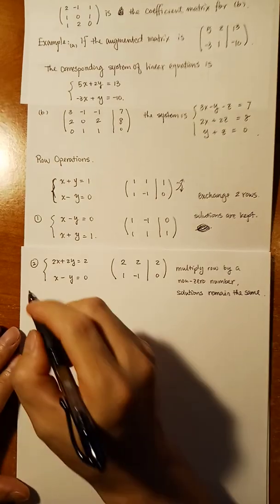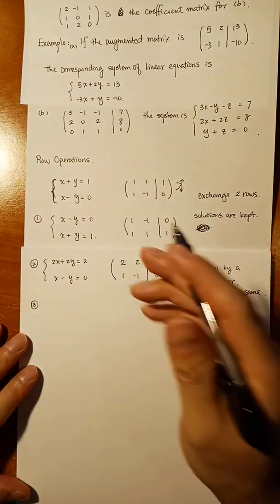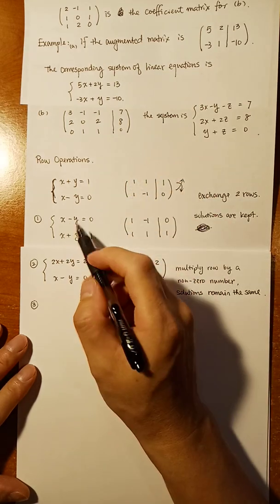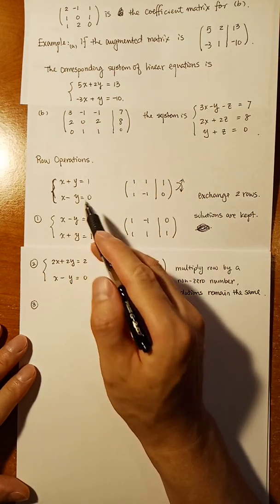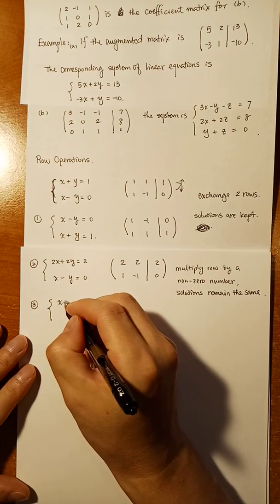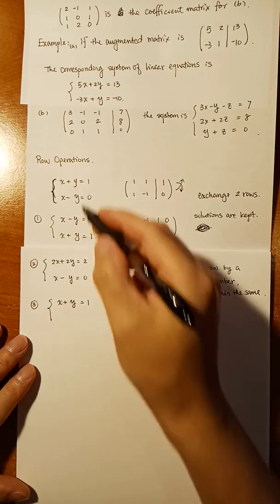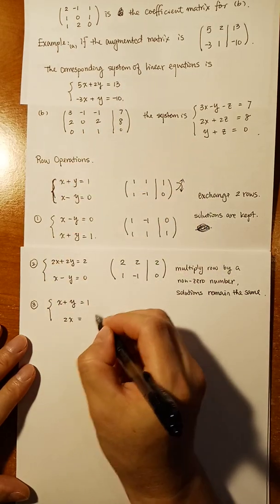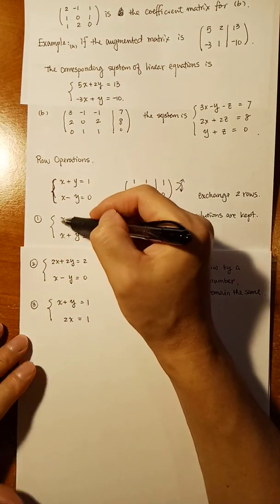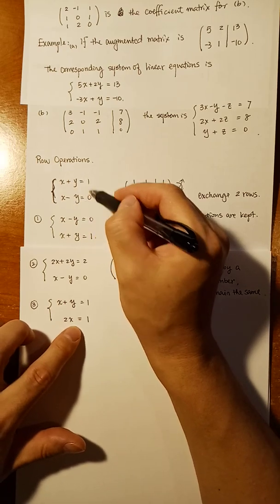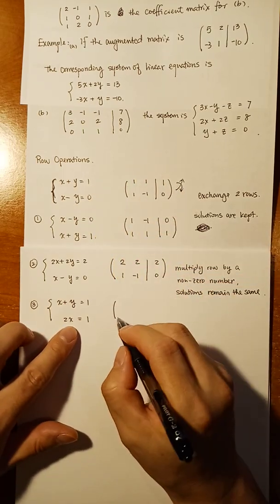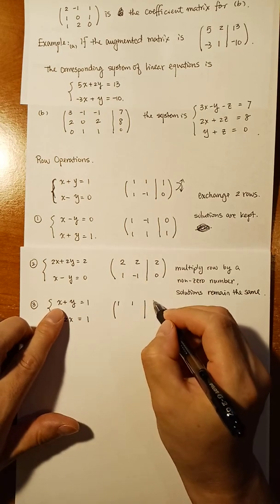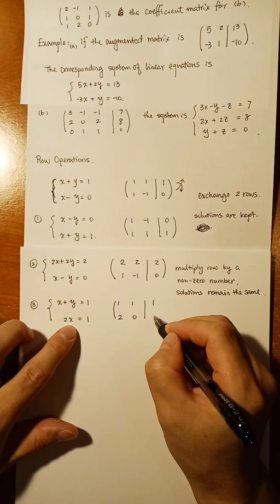Or we can do what? We can add two rows. For example, we add this row to this row. We have x plus y is equal to 1, and when you add these two rows, you will get 2x is equal to 1. x plus x is 2x, y plus negative y cancelled, 1 plus 0 is 1. So the corresponding augmented matrix is 1, 1, 1, and 2, 0, 1.